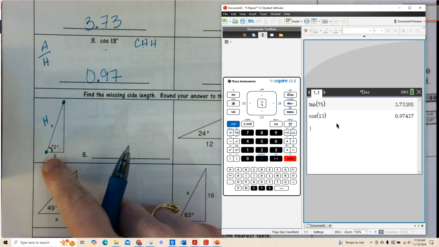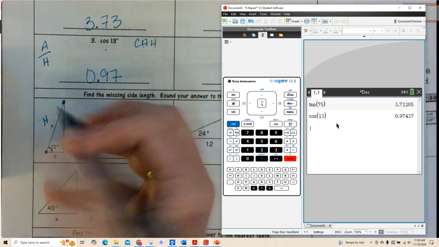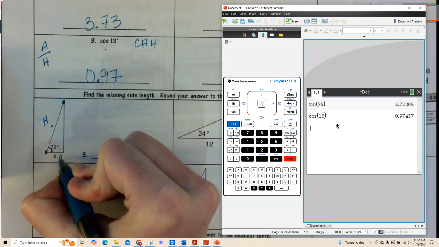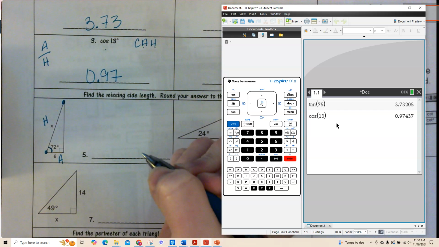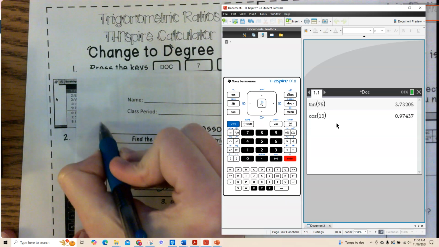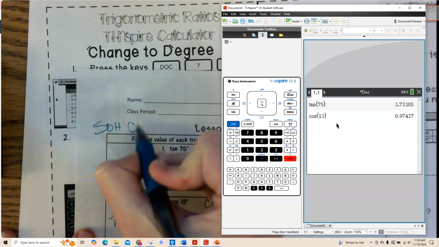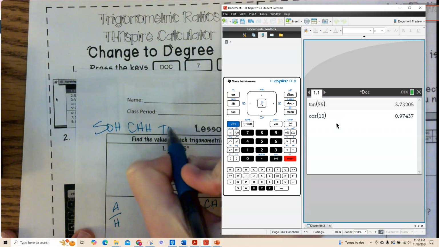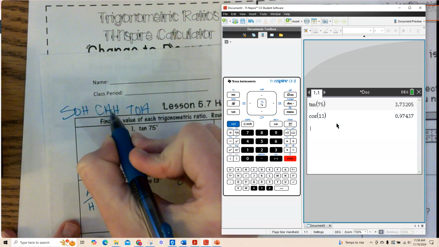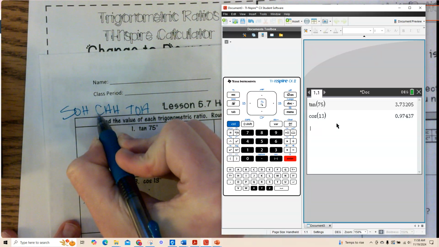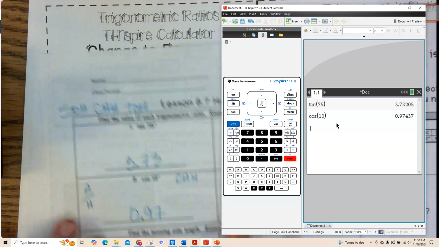So this down here, adjacent or opposite? Adjacent. So if I have an A and an H, so again, your little mnemonic phrase, SOH CAH TOA. If I have an adjacent and a hypotenuse, I'm doing cosine.